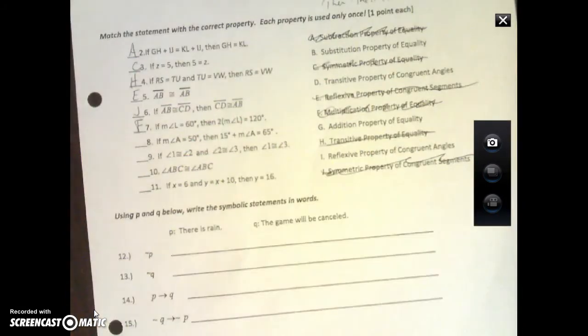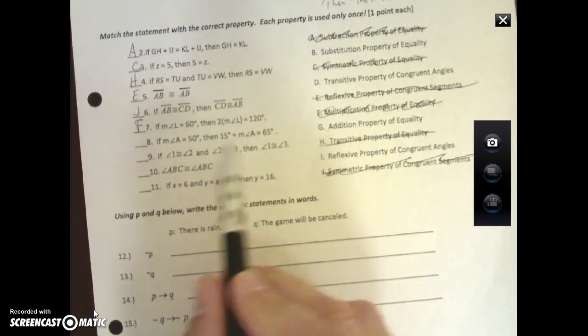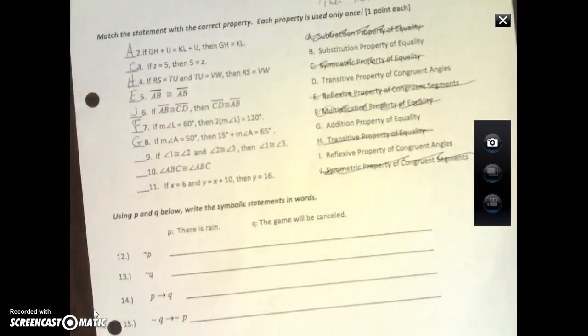You're just looking for the move they are making. Number 8, if measure of angle A equals 50 degrees, then 15 degrees plus measure of angle A equals 65 degrees. Again, what are you doing from left to right? You're adding 15 to both sides. So I'm adding, that's your addition property of equality.